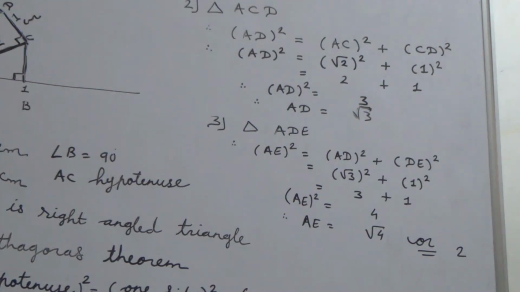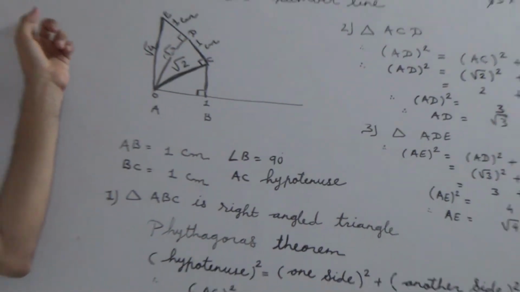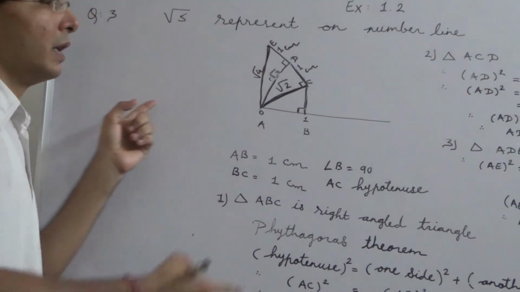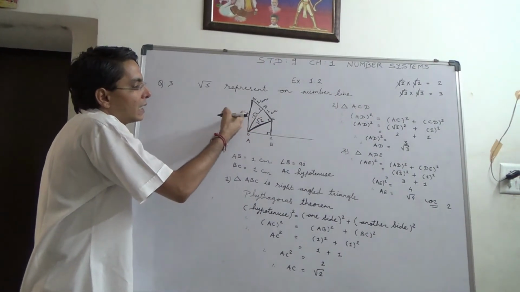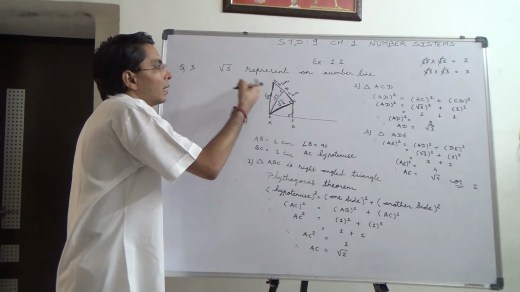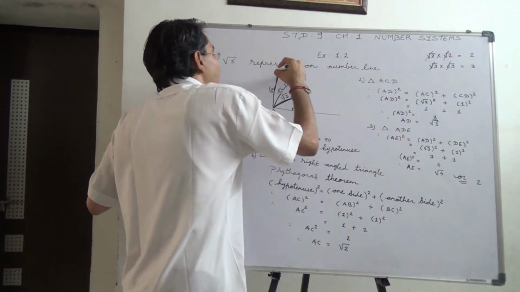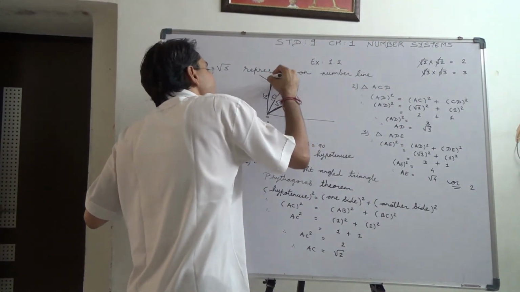But in this particular question we need square root 5. Here we have to find square root 2, square root 3 and square root 4, all the numbers along the way, but the final number is square root 5. So again we repeat the process.